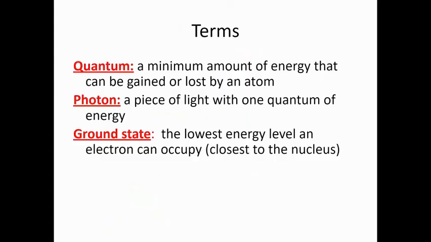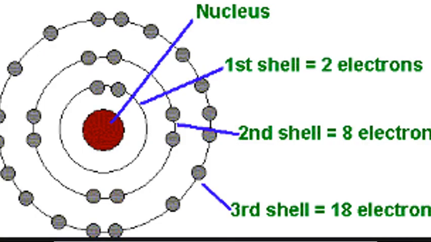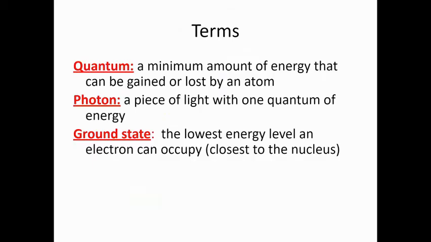If the atom has more than that maximum number of electrons, they have to be located in the next orbital or the next circle out. And for those electrons, that's the ground state. So it's the lowest energy level an electron can occupy.